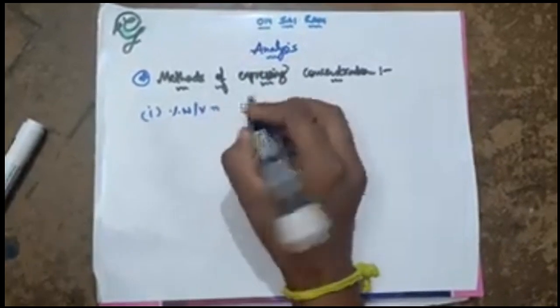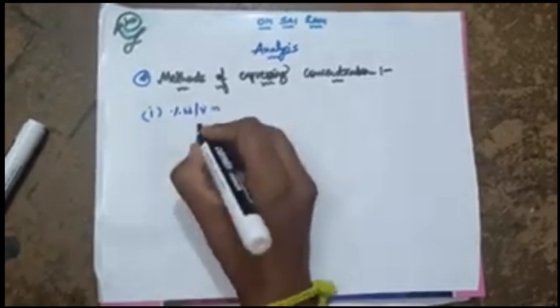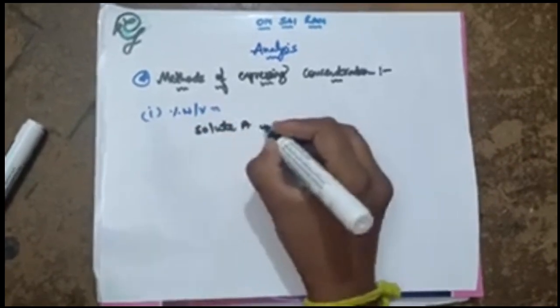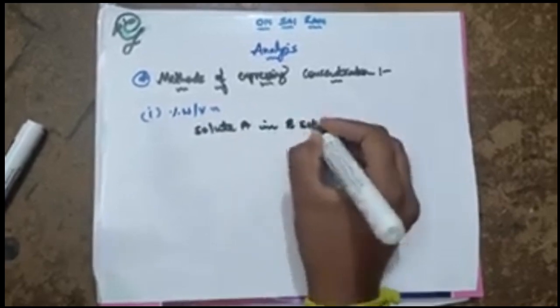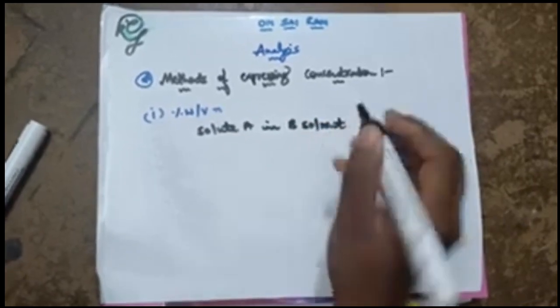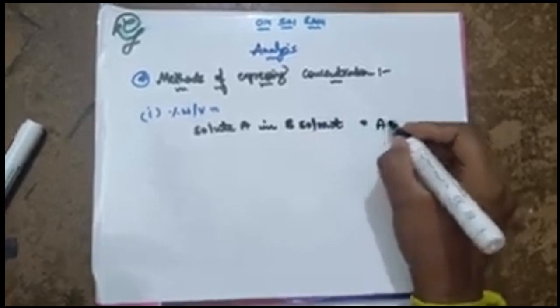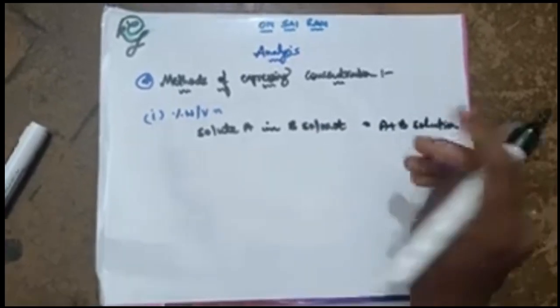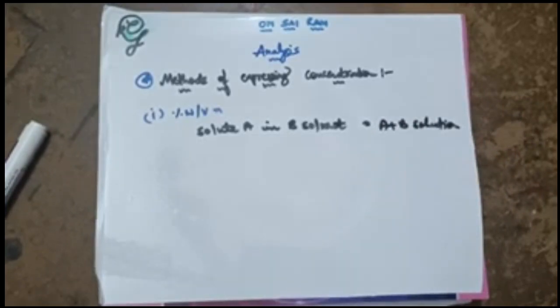It is nothing but if you take a solute A in B solvent, that makes your A plus B solution, right? So how do you express this percentage weight by volume?